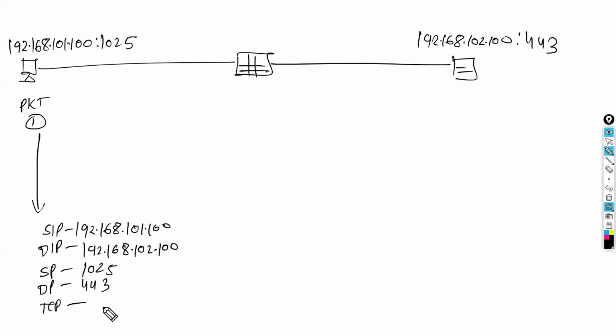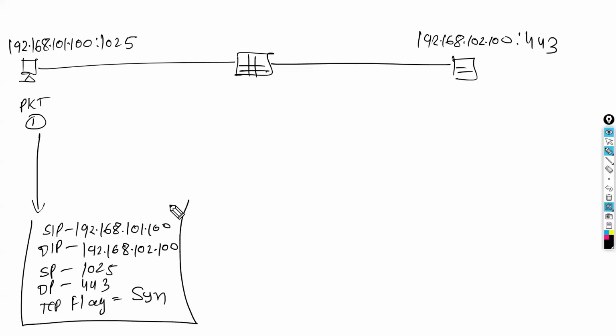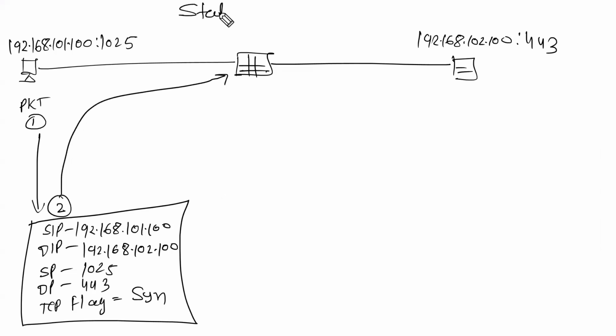Now we have the TCP flag here, and the TCP flag will contain SYN information. Such a packet will be generated and sent to the stateful firewall.